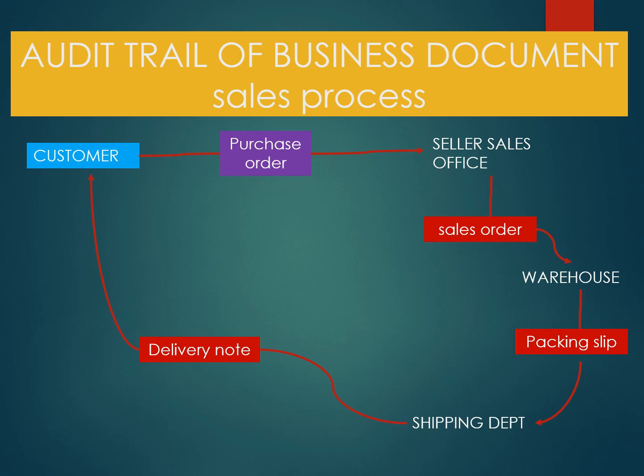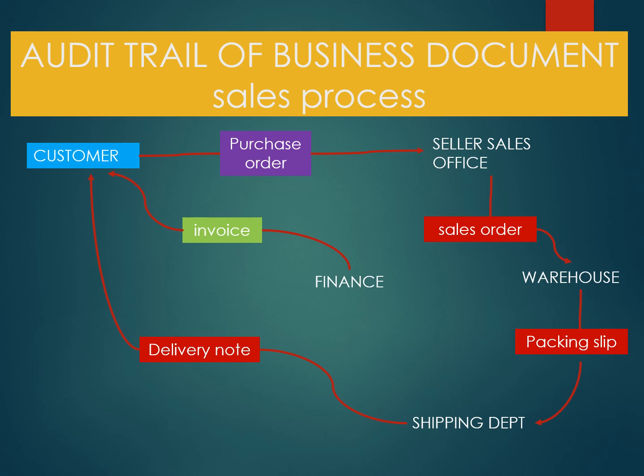Once the delivery note has been signed by customer, the duplicate copy of delivery note will be sent to finance department, and the finance department will refer to the delivery note in order to send out the invoice to customer.